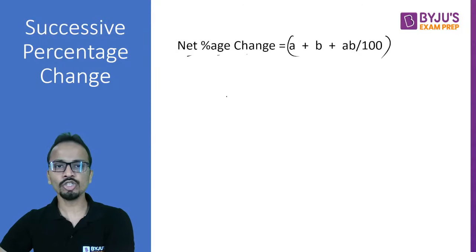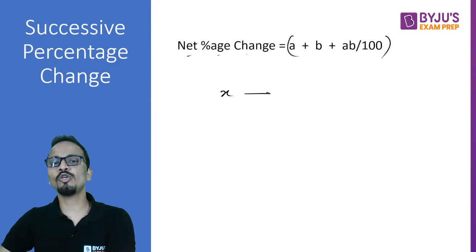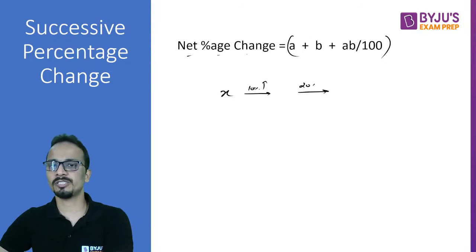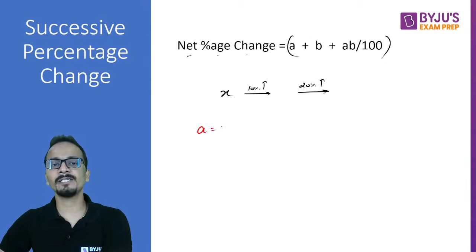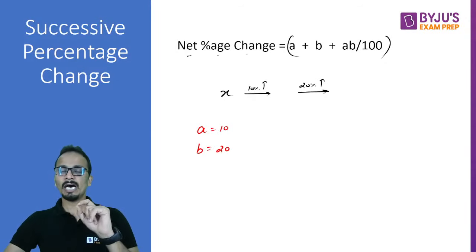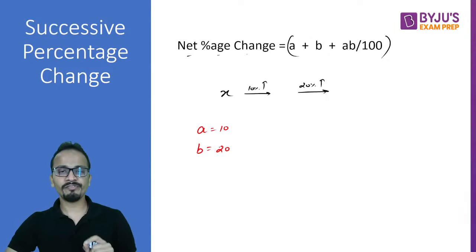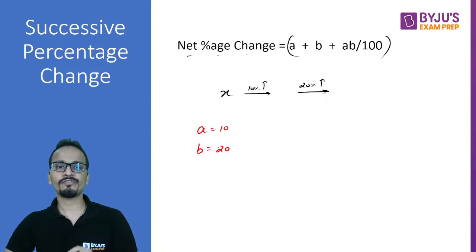Let's say x, I want to increase it by 10% and then further by 20%. Here a and b are these percentage changes. So the value of a is 10, and the value of b is 20. Now while applying this formula, we have to be very careful with the signs of a and b.